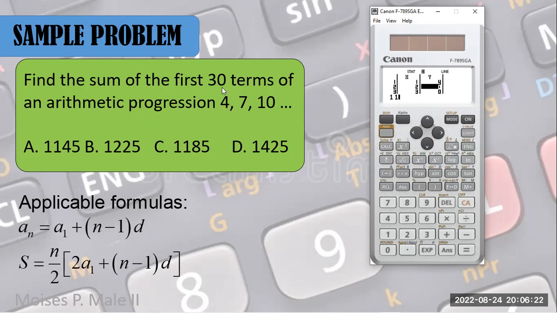So, first one term, so isa lang. So, 4 lang siya. So, first 2 terms, that is 4 plus 7 or 11. Okay. So, ito naman, first 3 terms is 11 plus 10 is 21. So, meron ka ng table ng summation.